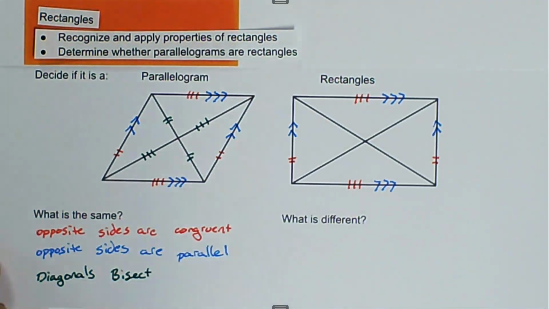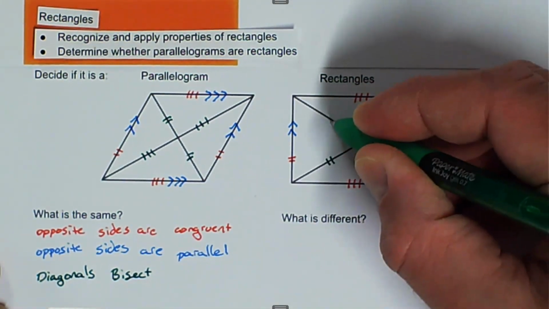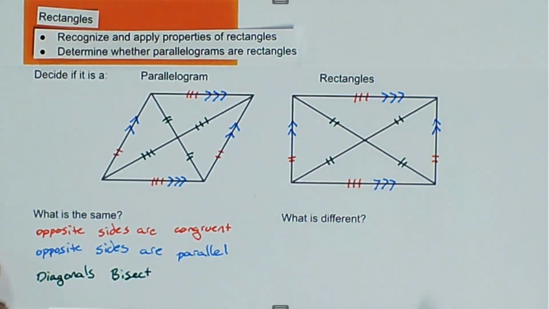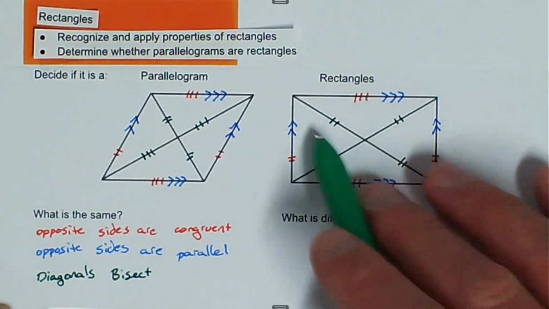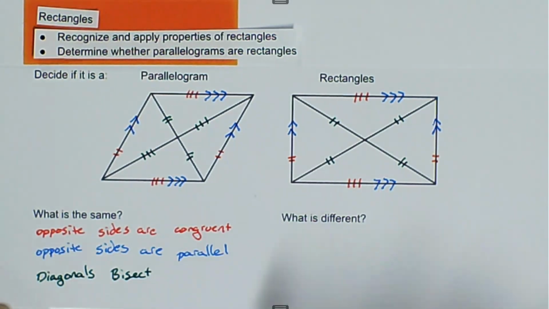That is true also for the rectangle, but the rectangle is a little bit different because the diagonals are congruent in this case. So not only do the diagonals bisect, but also diagonals are congruent.